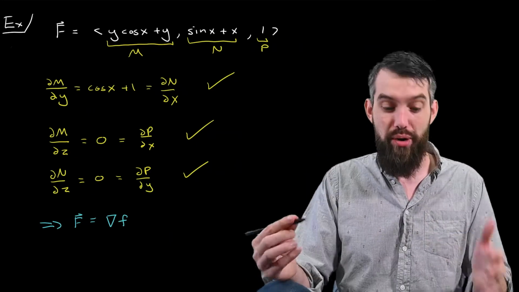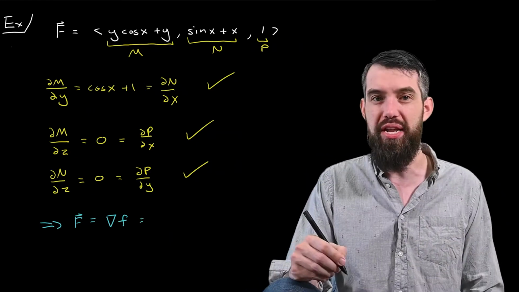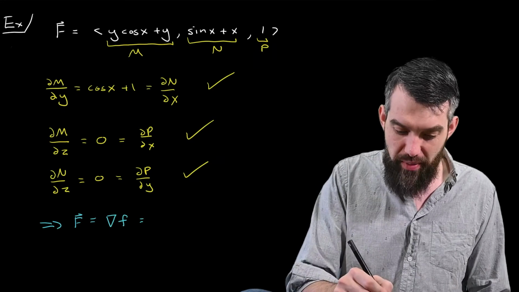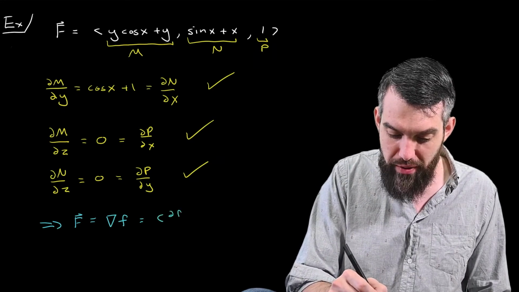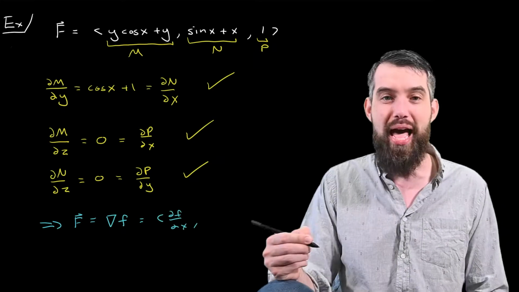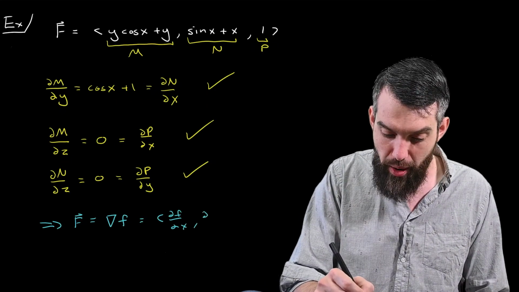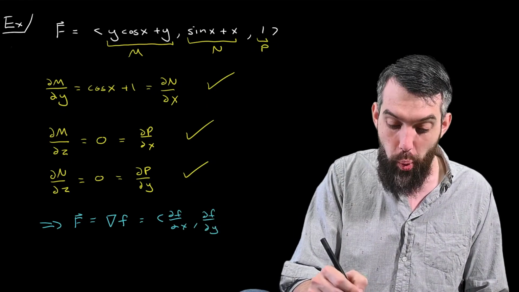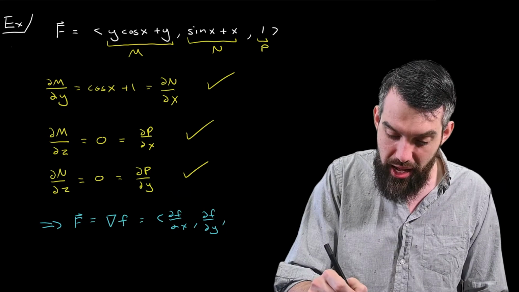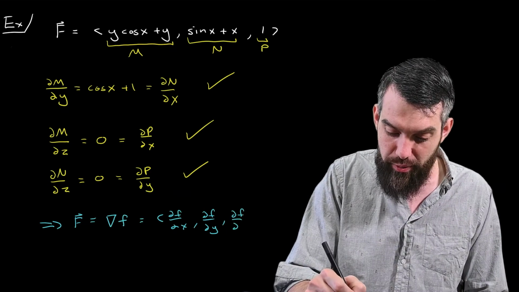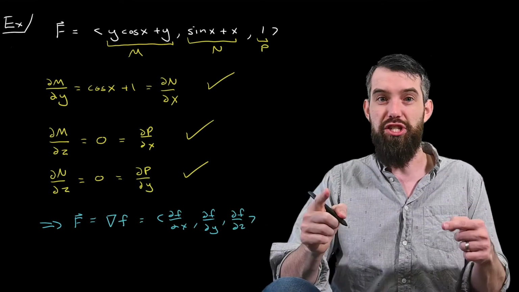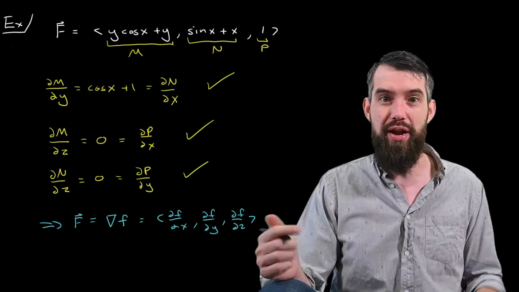So the first step forward is to expand this gradient of f. The gradient of f can be written as the partial derivative of f with respect to x in the i hat component, the partial derivative of f with respect to y in the j hat, and finally, the partial derivative of f with respect to z in the k hat. That's just the definition of the gradient vector.